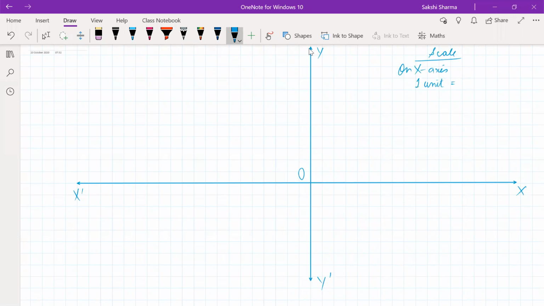Tell me, how would you like to choose the scale, keeping in mind the values? You can also write down 2 units equal to 1. That will be, I think, workable. Or rather, let's write it this way. So it would mean that this value here represents 0.5 and this represents 1.